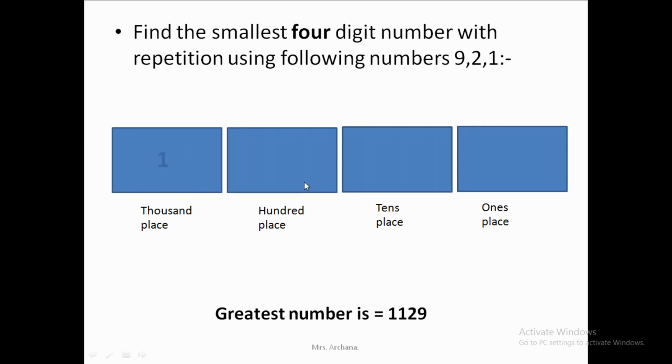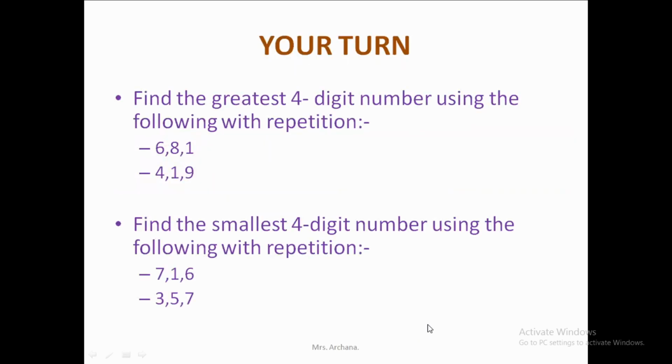See, 1 in the thousands place and 1 in the hundreds place. Next, in the tens place we put 2, and in the ones place the largest digit, that is 9. So the number we get is 1129.